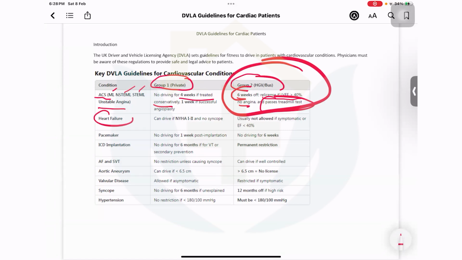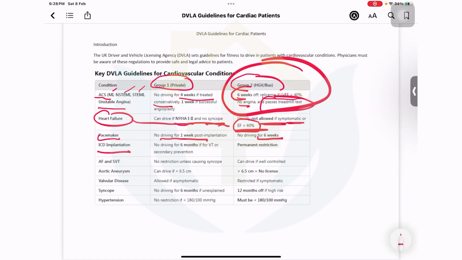For a patient of heart failure, they can drive if they are NYHA class 1 or class 2 maximum with no syncope. A patient of heart failure with reduced EF is not allowed if symptomatic, and not allowed if EF is less than 40. Very clear. Pacemaker, no driving for 1 week post-implantation, and group 2, no driving for 6 weeks.